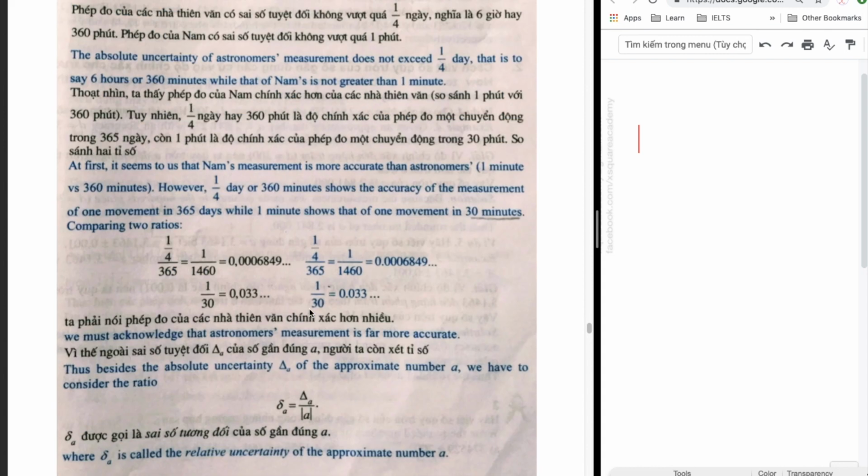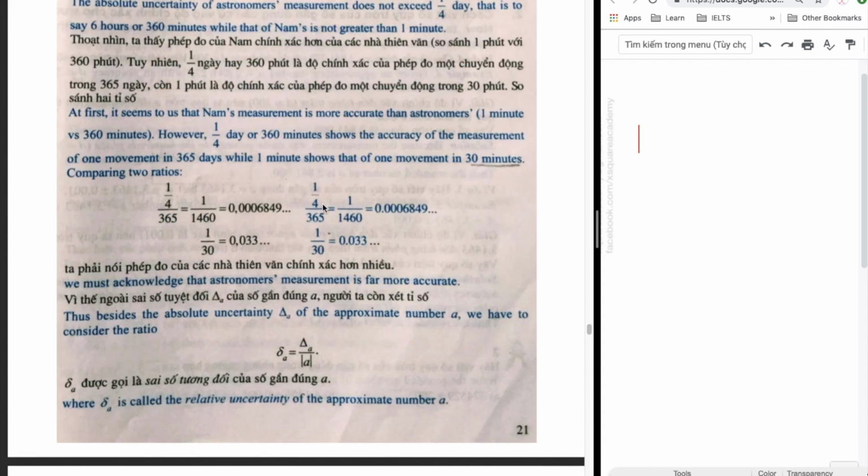Comparing the two ratios, the whole 1/4 over 365 equals 1/1460 equals 0.0006849, and 1/30 equals 0.033, etc. We must acknowledge that the astronomers' measurement is far more accurate.